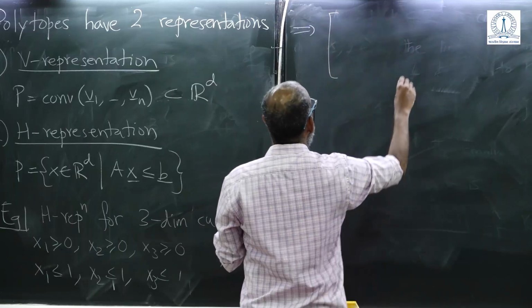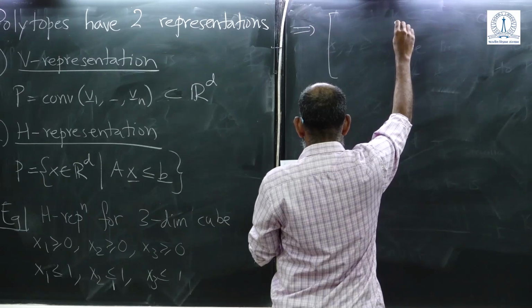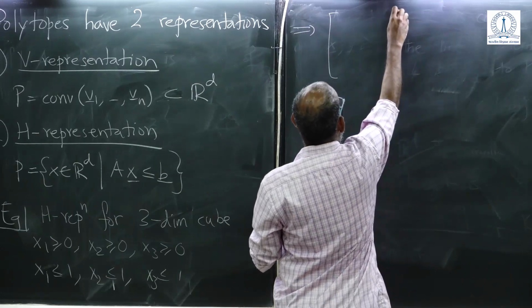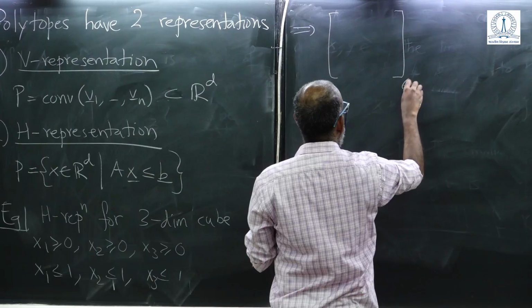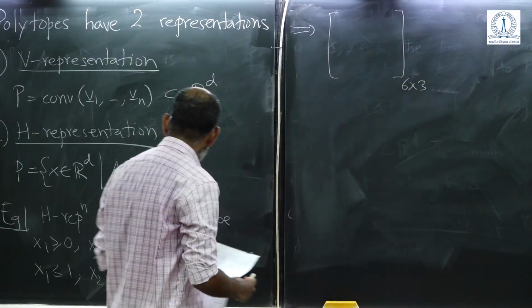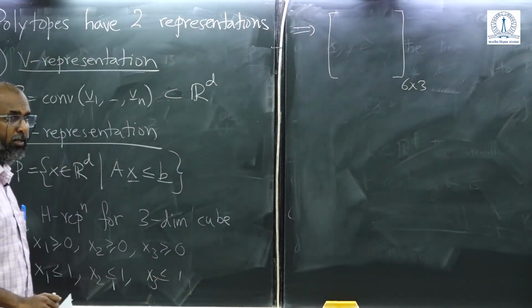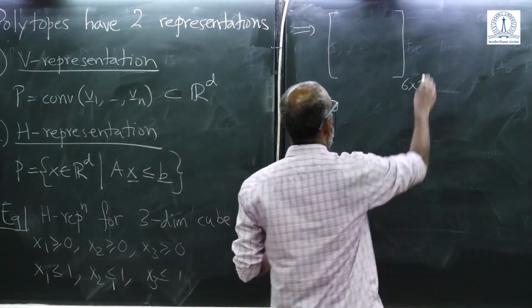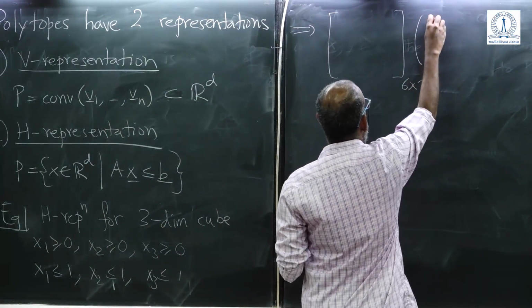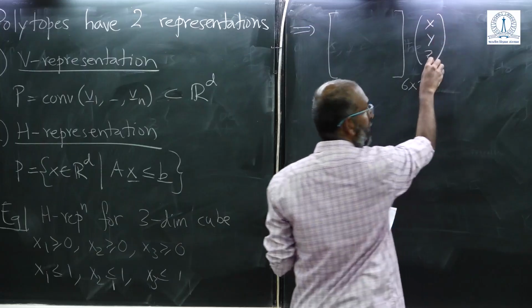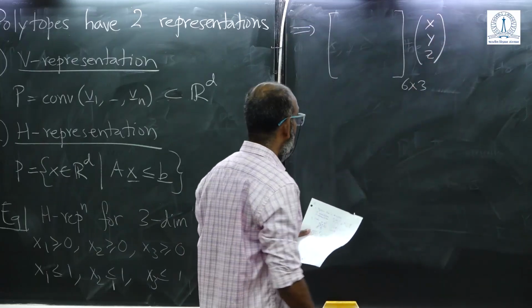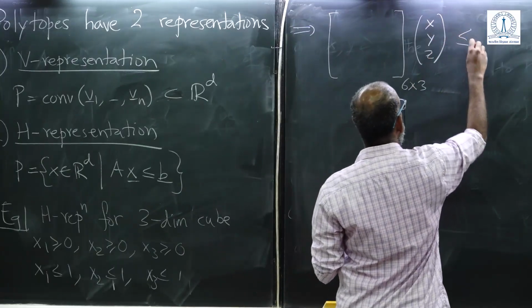So I will write a 6 by 3 matrix. There are 6 inequalities, right? And we have the vector x, y, z, and I have less than or equal to.